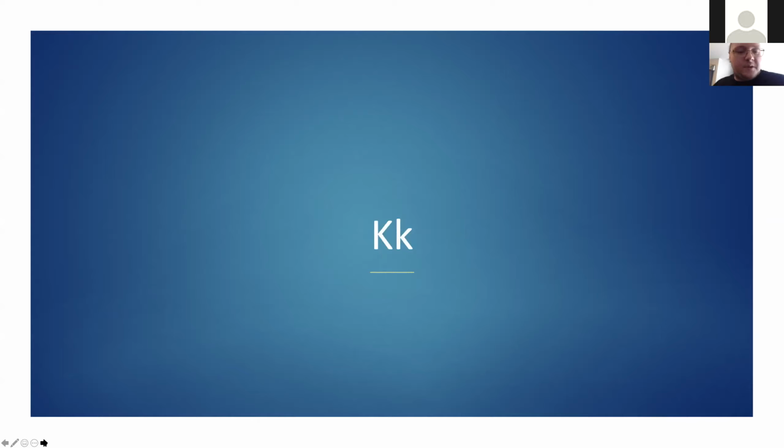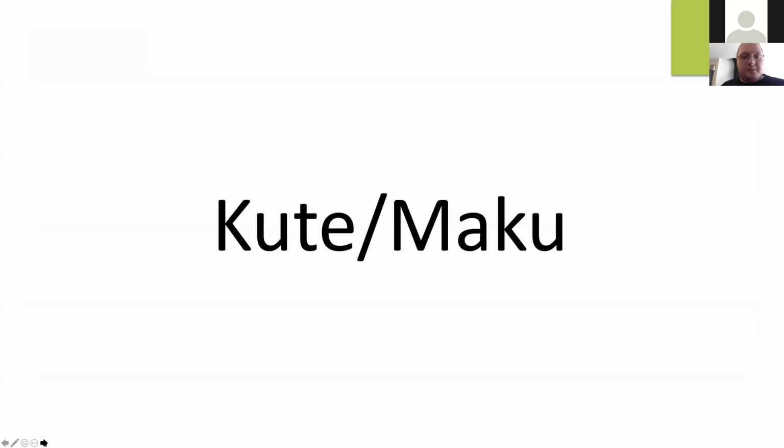Ka. Kute, or maku. So we have a couple different examples of the K. In some alphabets you see, they're going to have these letters marked. But in my opinion, they don't really need to be marked. A lot of letters in English have many different sounds. When we read them, we just read them. And when people learn the other alphabets where they're all marked differently, it's really inconsistent also.